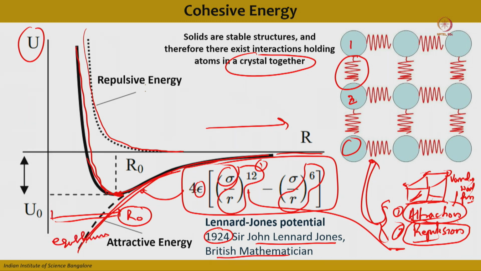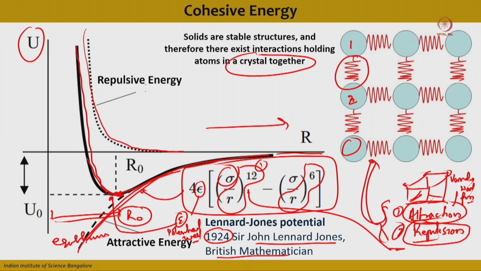As I told you, in this equation we have two terms, epsilon and sigma. Epsilon represents the depth of this potential energy curve, or we can say it represents the potential well of that particular potential energy curve between the particles.